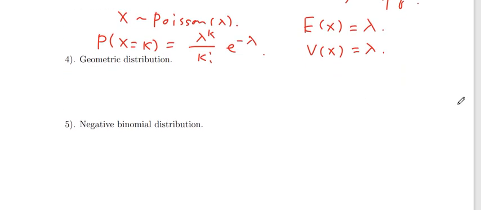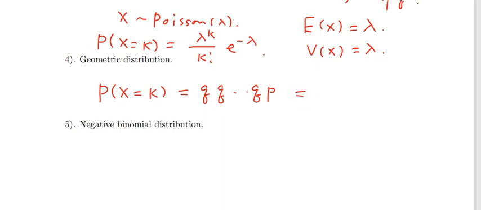So for geometric distribution, try until the first time something happens. So this x, try k times, means the first one fails, the second one fails, then the last one, this thing happens.